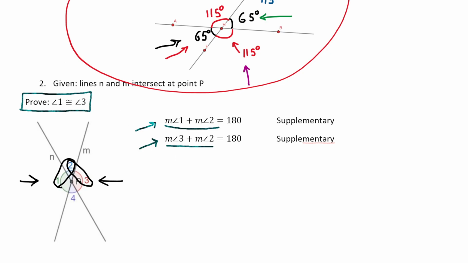Well, that means, therefore, I can say the following statement. I can say that these angles right here, measurement of angle 1 plus measurement of angle 2, is equal to these angles right here, measurement of angle 3 plus measurement of angle 2. They are going to be the same. Okay, they have to be the same.